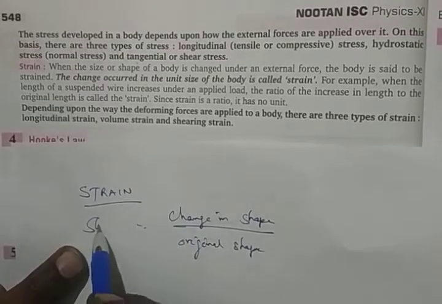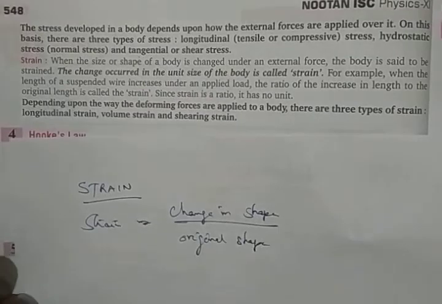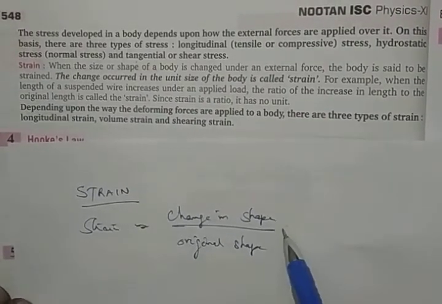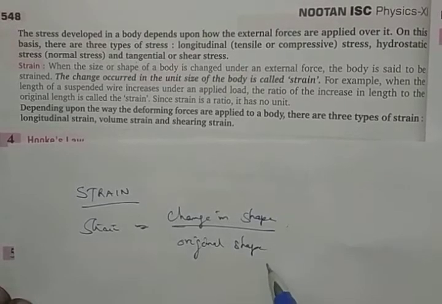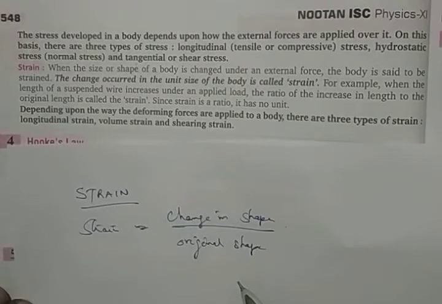That is called strain. Strain is just a ratio of the change in shape to the original shape. So if any kind of change has happened per unit original size of the body, then that is called strain.